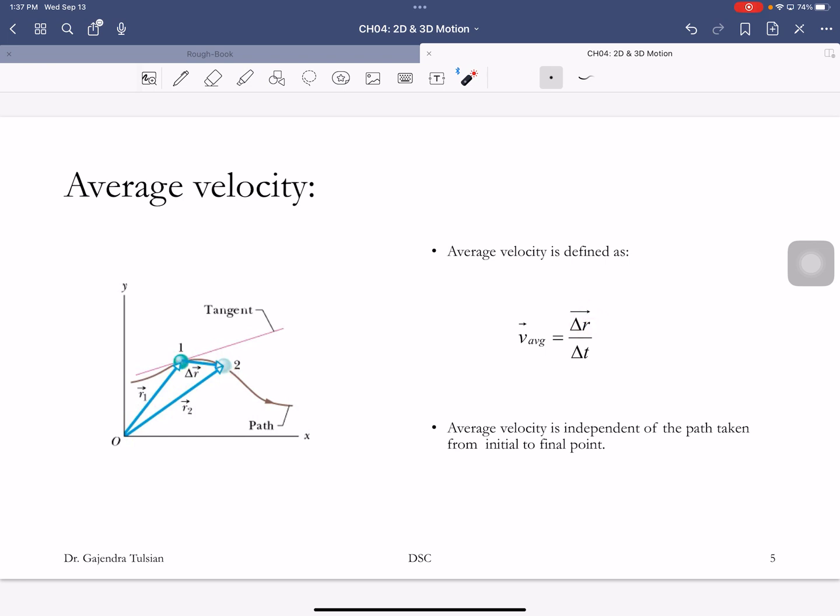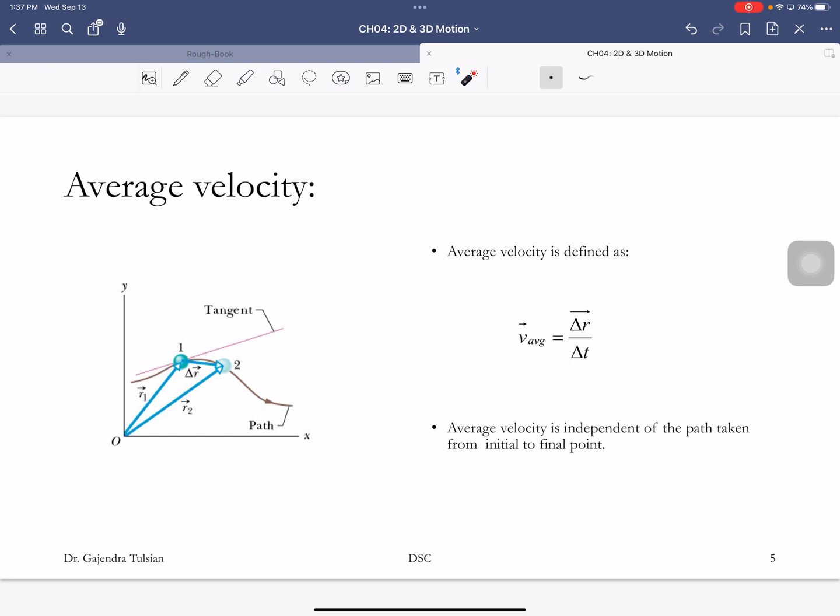That's a vector, and this is just a scalar. Its length would be different, and in this case the dimensions are different, but this vector is pointing in the same direction as that. So if you're calculating the average velocity, it will point in the same direction. The magnitude will depend on the time.